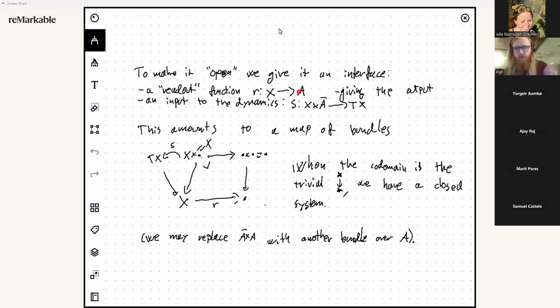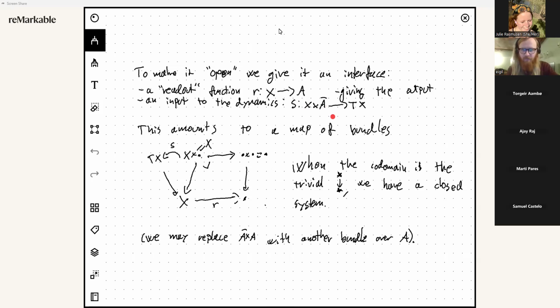So this is not that interesting. You can always put this on; it's kind of extra data on top of what you already have. More interesting is we also want the dynamics to receive some input. So instead of having a function from x to tx, I want a parameterized function from x times a bar, where a bar is some other smooth manifold, to tx.